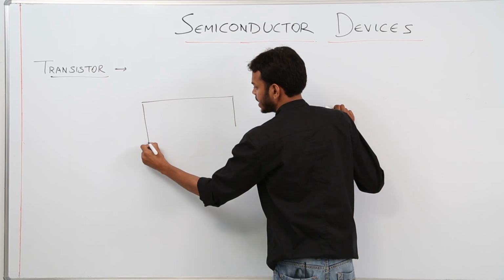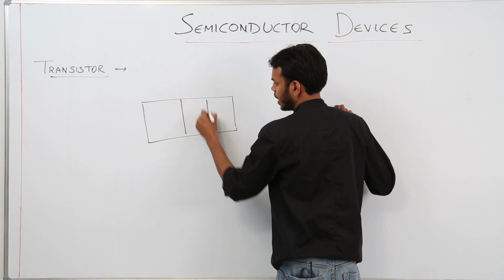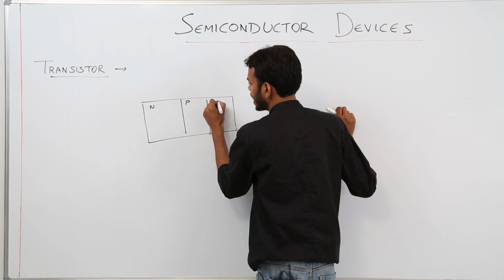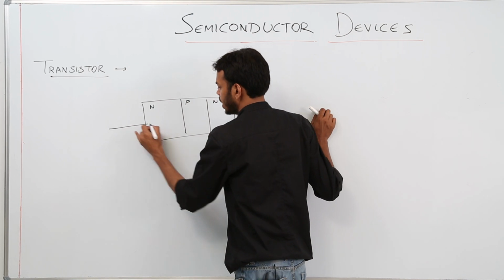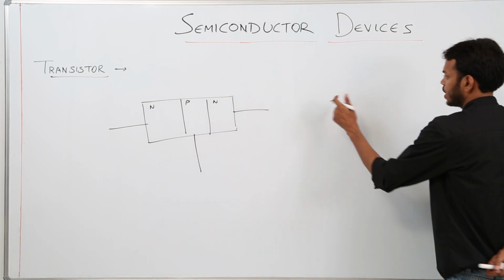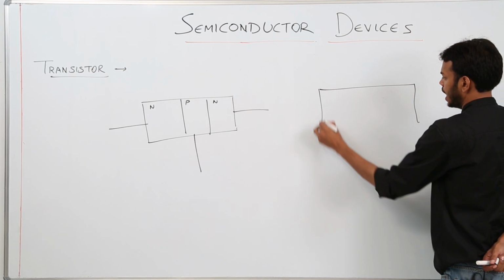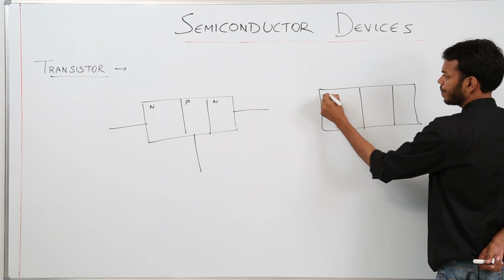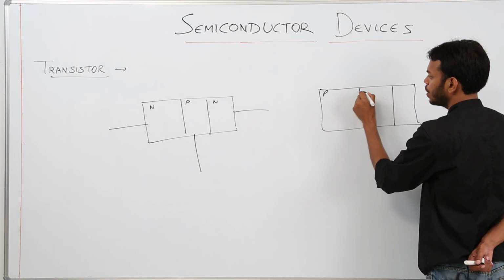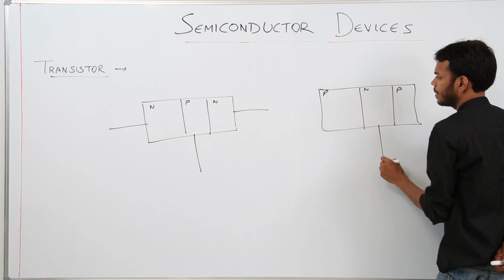I am taking a simple example of an NPN transistor. This is the N side, P side and N side, an NPN transistor. There are 3 terminals from which connections are usually made. Let's also take a PNP transistor.